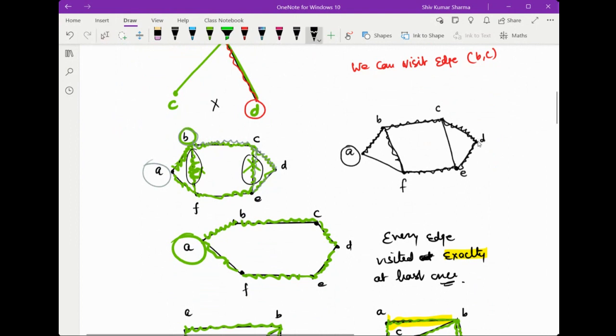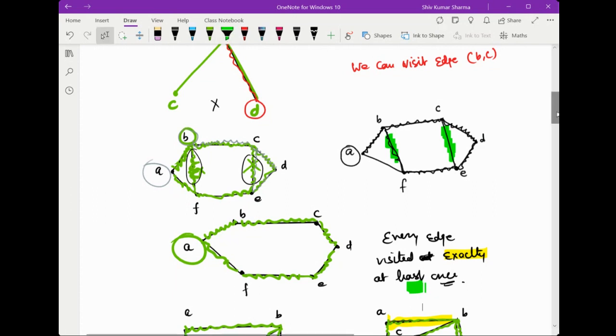If we remove these two edges, we make a cycle, or a circuit, and that is an Euler graph. So we start visiting A, B, C, D, E, F and return back to the vertex A. So we visit every edge exactly once.